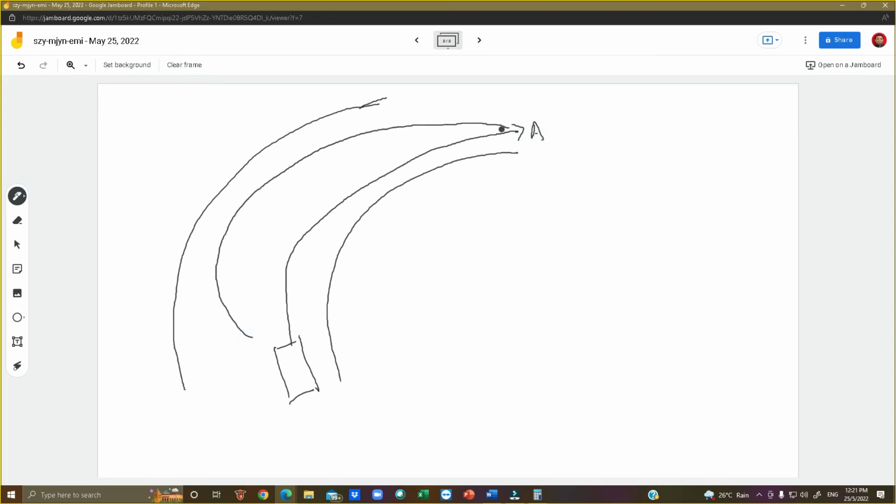Kita pergi wide, pergi buka lagi besar. If we compare A and B, which is going to be much easier in term of effort? A ke B? Yang mana effort dia lagi kurang? Right. A. Okay. Somebody say A.